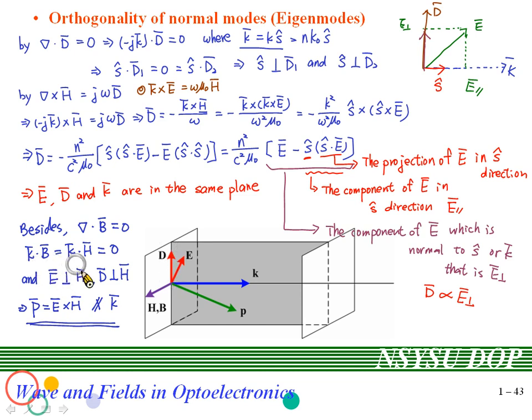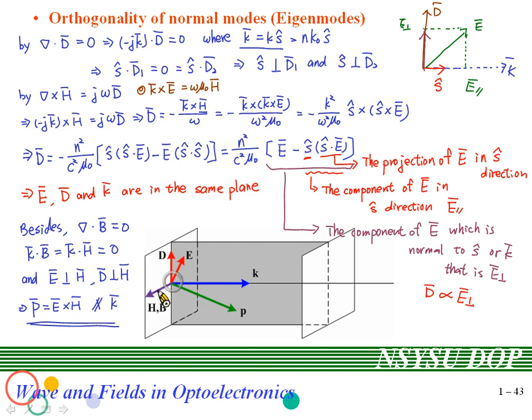And according to these two conditions, we know that the H field and the B field, these two vectors should be normal to E and D, and also should be normal to K. Since these three vectors lie in the gray plane, H and B should be normal to the plane in gray, like this figure.